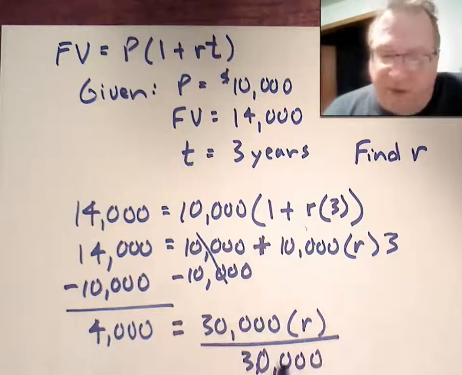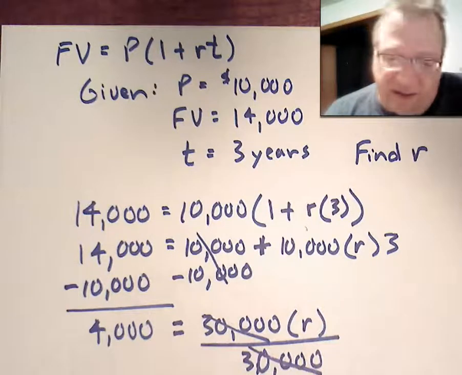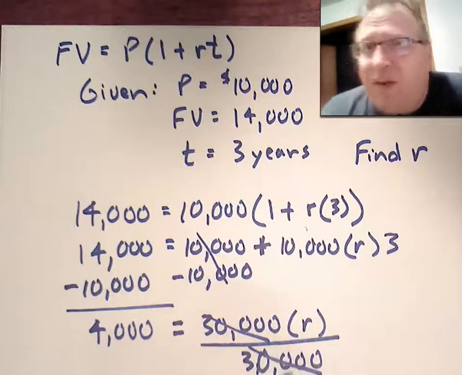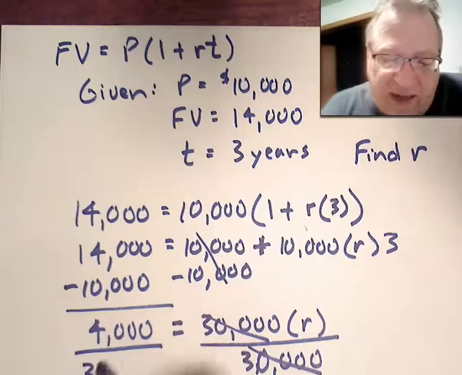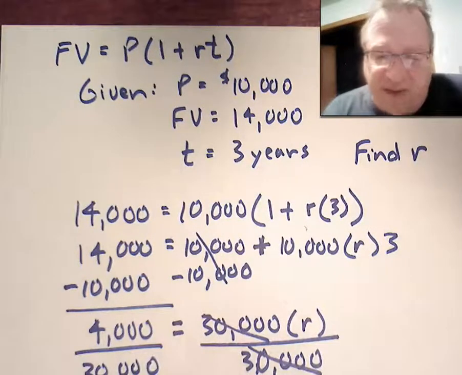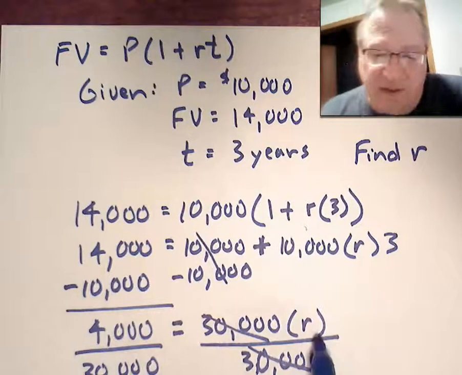And now that 30,000 cancels, and we're left with r on that side. But when I divided one side of an equation by 30,000, I have to divide the other side of the equation by 30,000. And now we have 4,000 over 30,000 is equal to r.